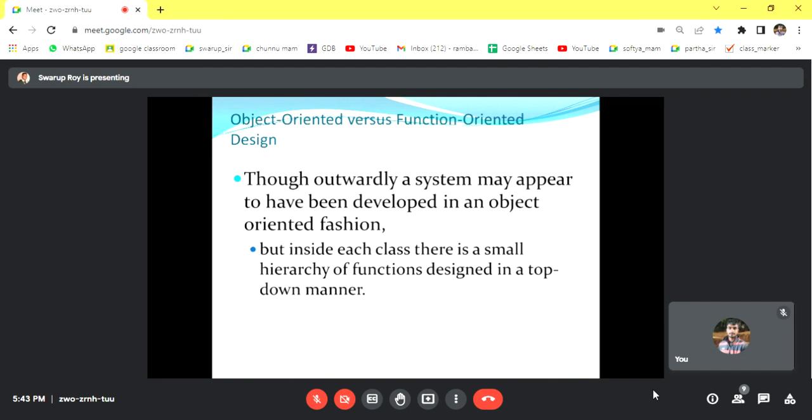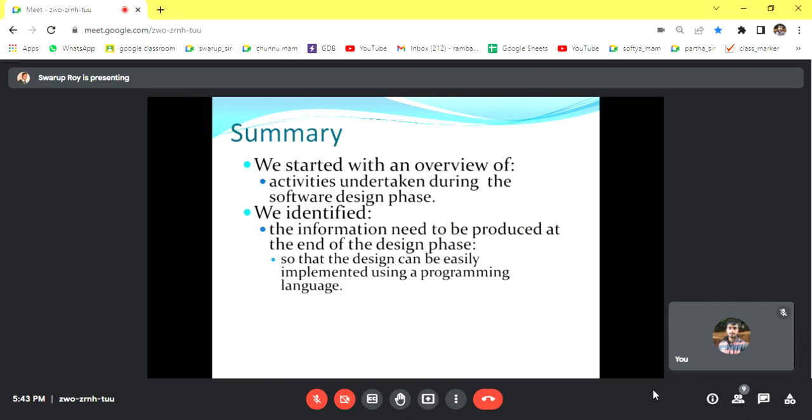But in each class there is a small hierarchy of functions to be designed in a top-down manner. That means inside the class itself you have a set of functions that you need to design in a function-oriented way. So you are not completely neglecting function-oriented design in object-oriented design. They are actually complementary with each other.